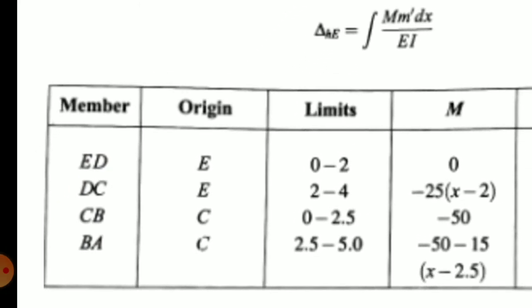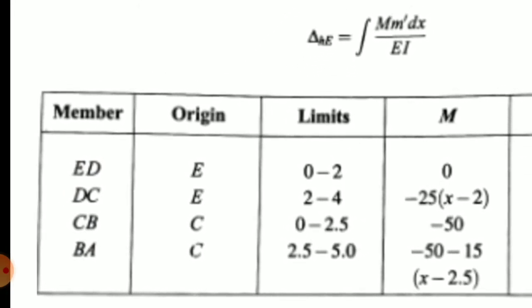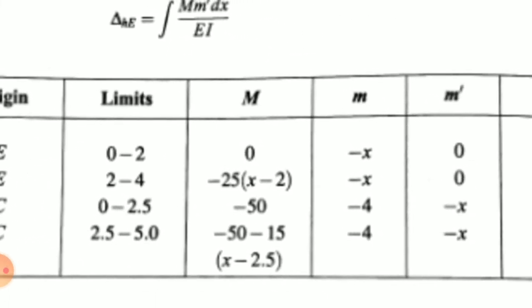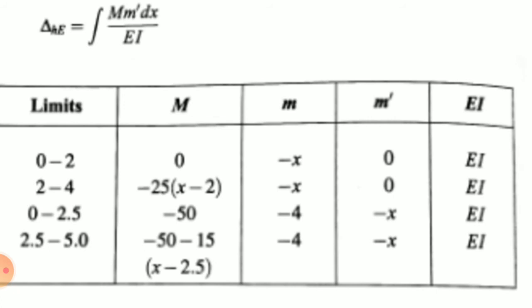So here we can split the bent frame into 4 portions, that is member BC and member AB. The first portion is 0 to 2 limits, the moment is 0, and moment due to unit vertical load is minus x.